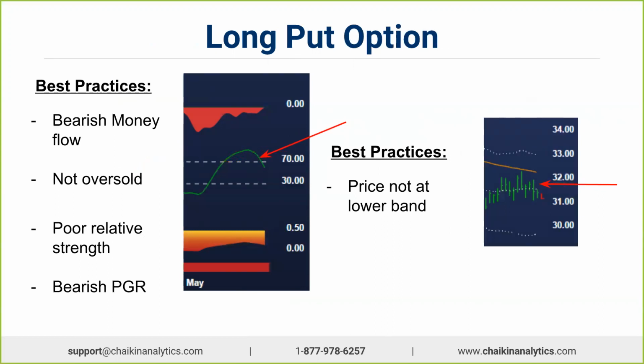Then I'm going to look at the premiums, and if I like them, I'm going to go in the money. So I might buy the 32 or the 33 put. I'm going to have a target somewhere down here, and I'm going to go out 60 days, usually at a minimum.